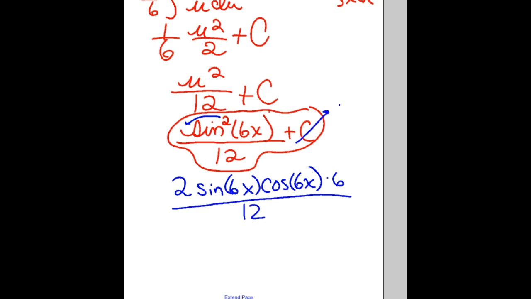C goes to 0 when you take its derivative. This 2 and the 6 cancel, and it sends me right back to my original integrand.